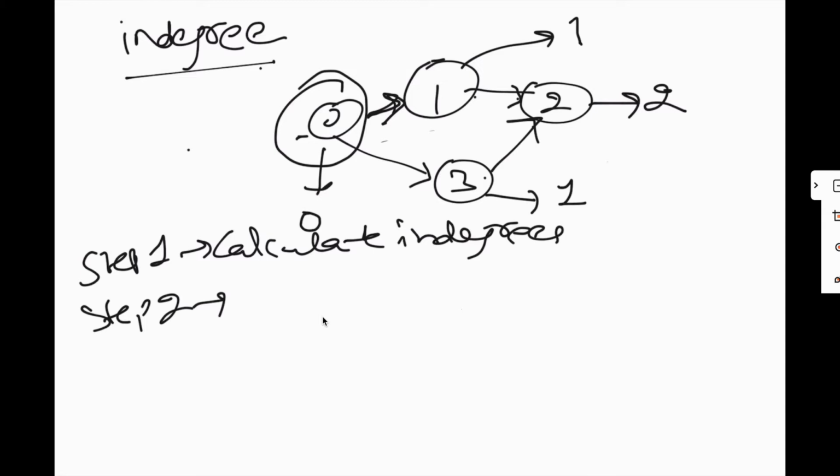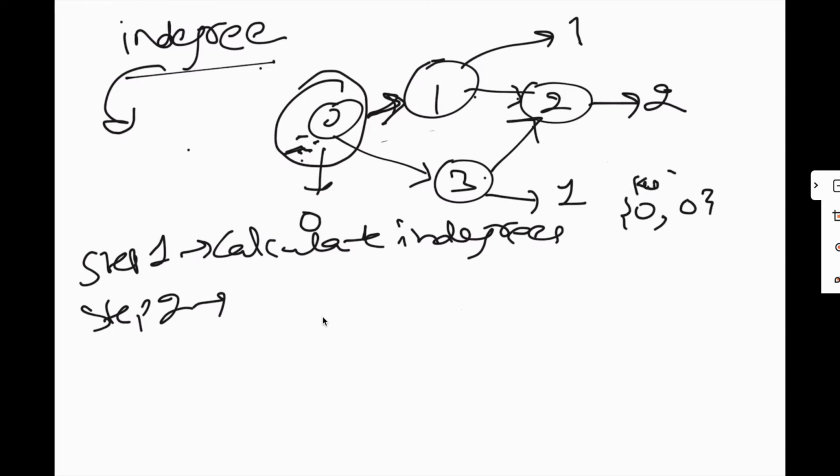For example, this node 0 does not have any incoming edges to it, so it means there is no dependency to do this course, so we can directly go ahead and complete this course. We will iterate through all the indegrees and find a node which has 0 indegree. We'll use a map for storing indegrees, so it will be something like this. 0 has 0 indegree, so it's a map key value pair.